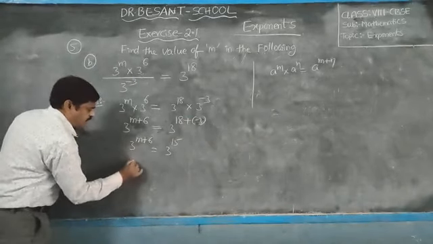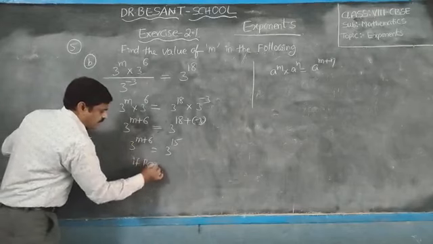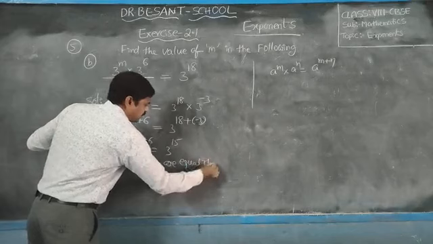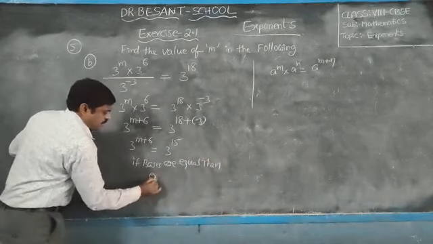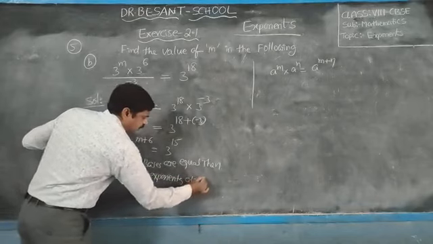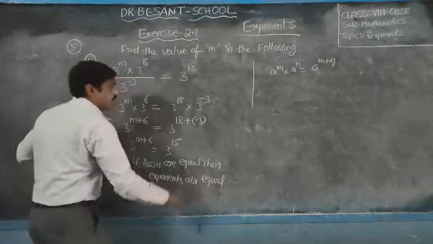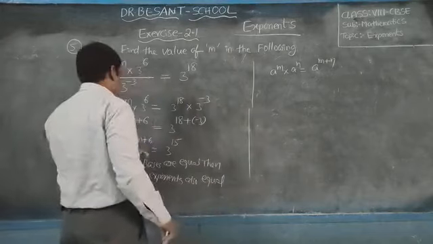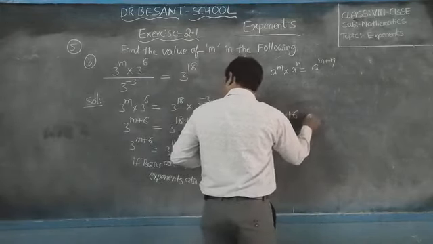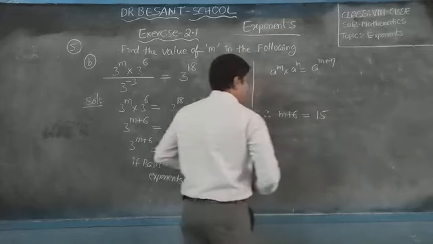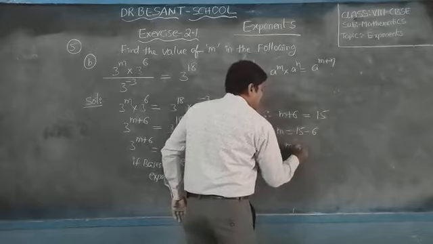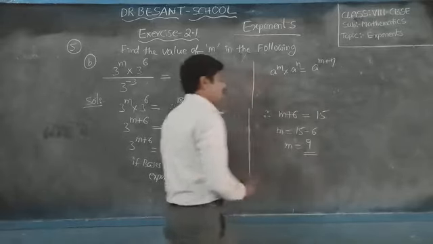Now if bases are equal, then exponents are also equal. Therefore, m plus 6 is equal to 15. Then m is equal to 15 minus 6, m is equal to 9.